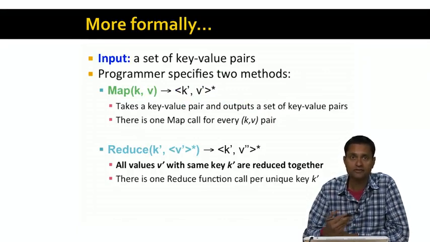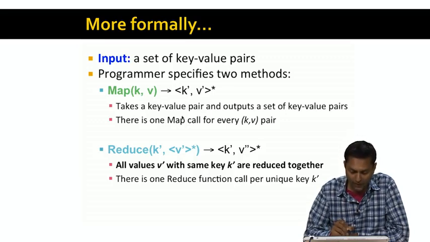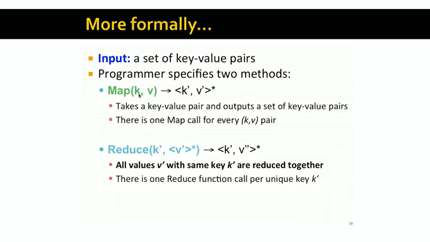And the programmer has to specify 2 methods. The first method is a map method. And the map method takes an input key value pair and produces a set of intermediate key value pairs, 0 or more intermediate key value pairs. And there is one map call for every input key value pair.